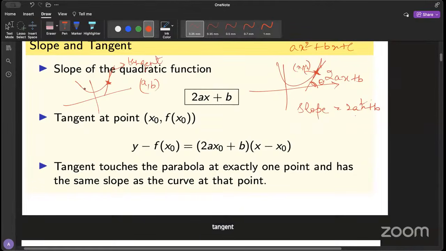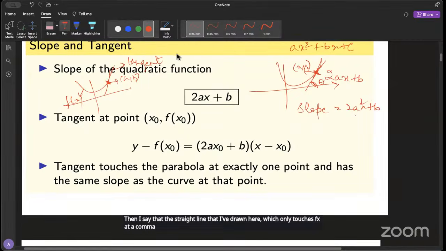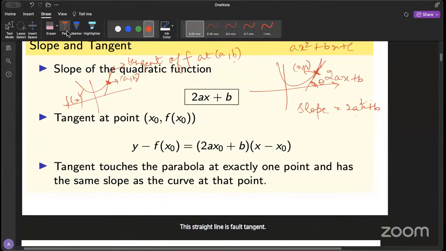Let's say this function is f(x), and this point is A comma B. Then this straight line that I've drawn here, which only touches f(x) at A comma B, is called the tangent of f at A comma B. That's it. This straight line is called the tangent. The point is not the tangent. This line is the tangent.